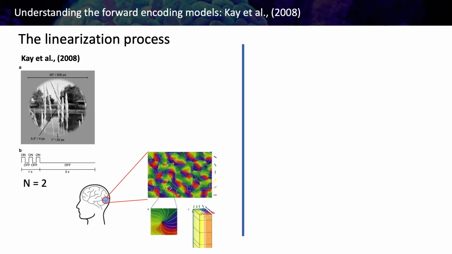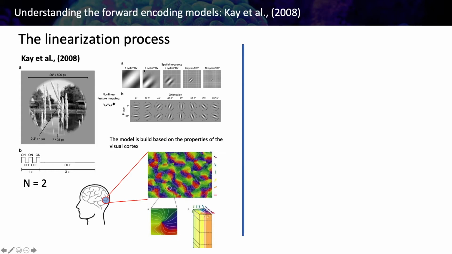To mimic this behavior of the neurons in the visual cortex, they passed all the images through a set of filters that mimic different receptive field sizes in different locations of the visual field and with different orientations. This is what is named a Gabor pyramid wavelet.